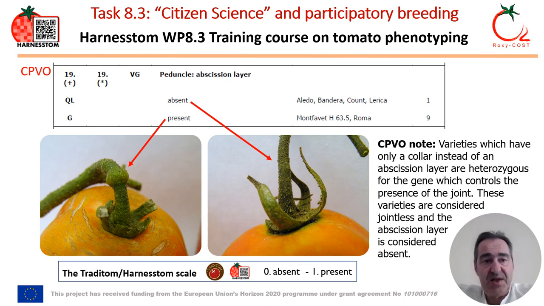There are mutants lacking this layer that are called jointless mutants, and these have been adopted in processing tomatoes because the absence of the abscission layer allows fruit detachment without the calyx and without the remaining peduncle segment, and this highly facilitates mechanical harvesting. Also in our screening we adopted 2 classes, although intermediate cases may be possible due to genetic or environmental effects.